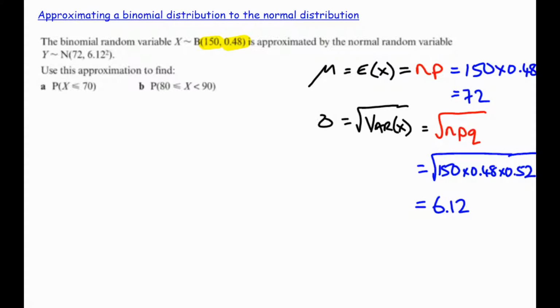Let's go ahead and respond to these questions. So A, the probability that X is less than or equal to 70. Remember that when we move to the normal distribution, we need to apply a continuity correction. The binomial is a discrete distribution, the normal is continuous. Whenever you go from a discrete to a continuous, continuity correction is necessary.